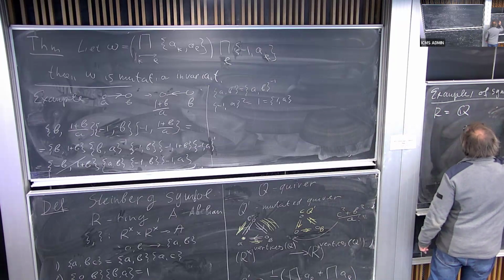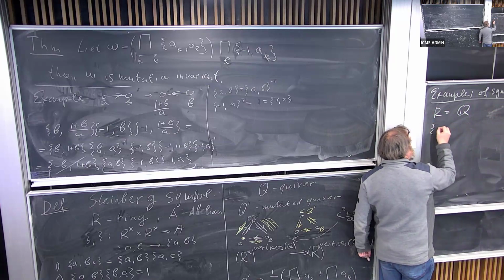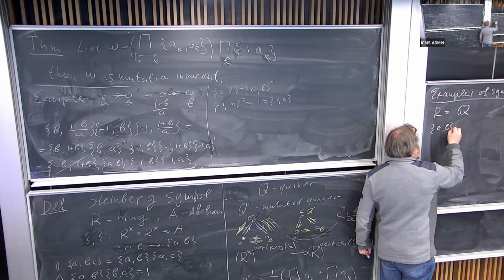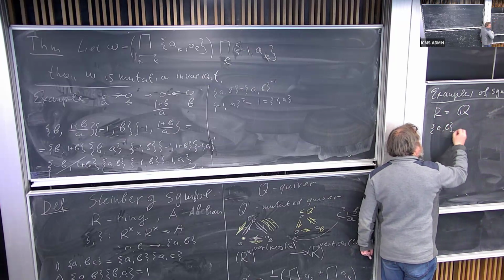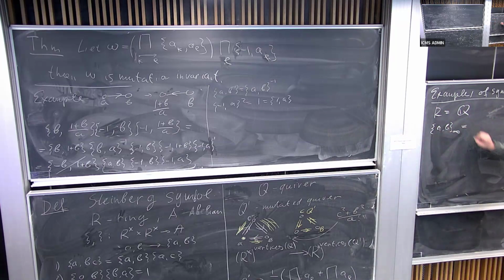Sorry, maybe even before that, let's define the symbol, which I will denote A, B, positive infinity for some reason. It will be equal to minus 1 if A is negative and B is negative, and 1 otherwise.